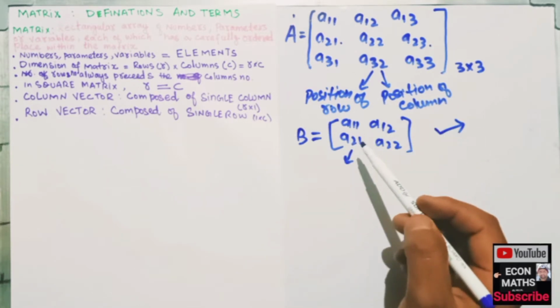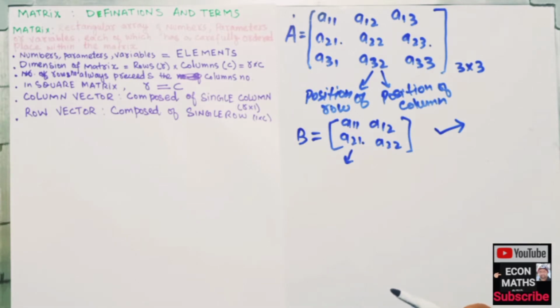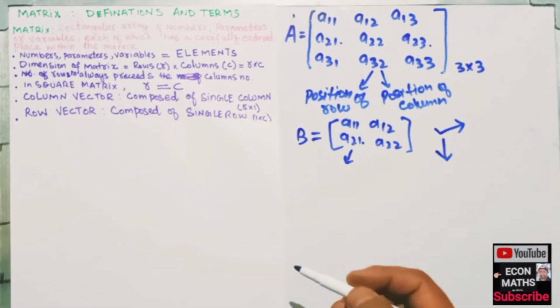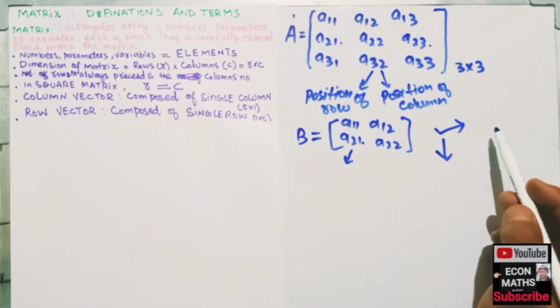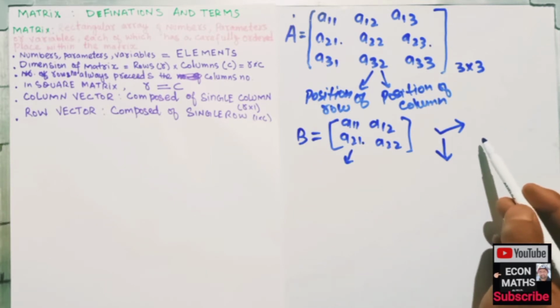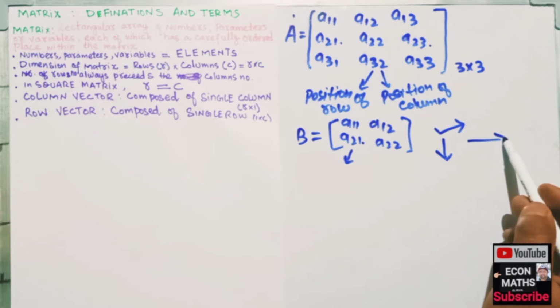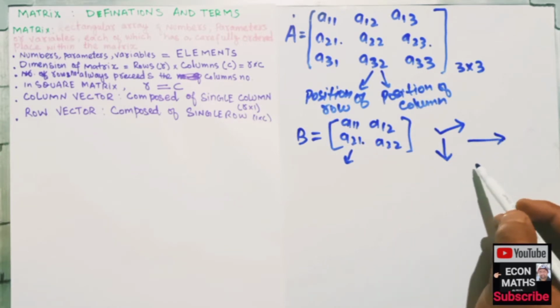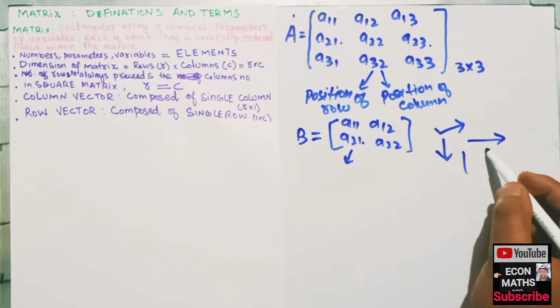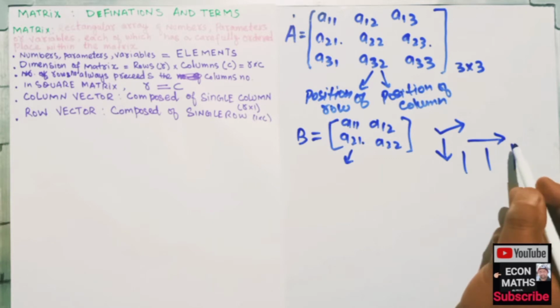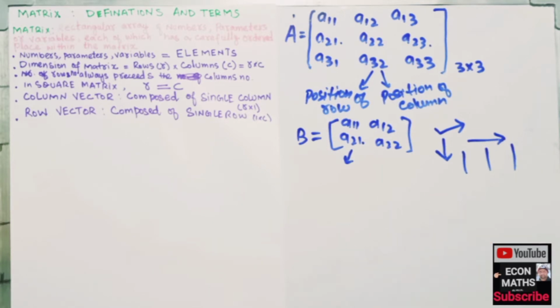These subscripts give us the address of the element. So to determine the number of rows, always count down. We always count down. And to determine the number of columns, we always count across. So if we count down like this, this gives us the number of rows.